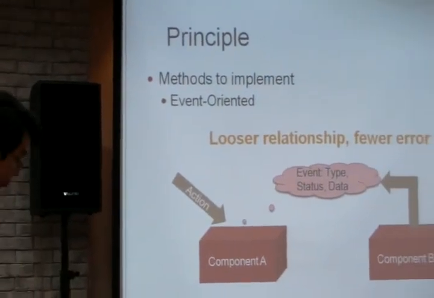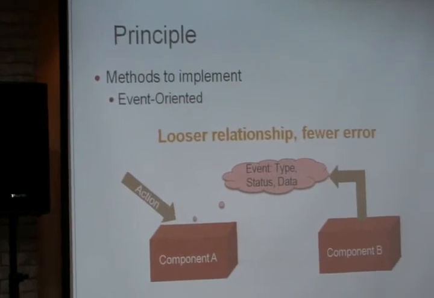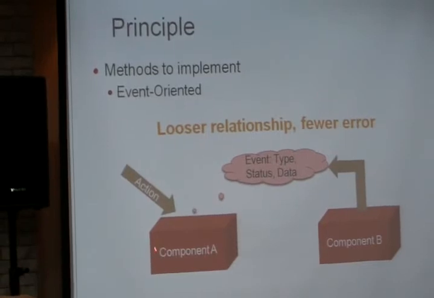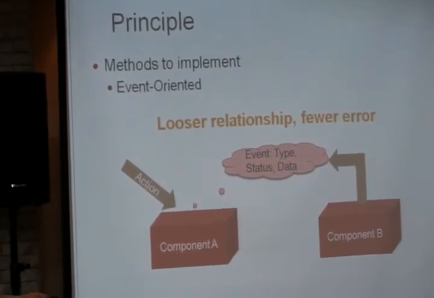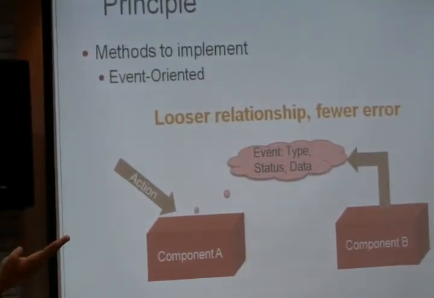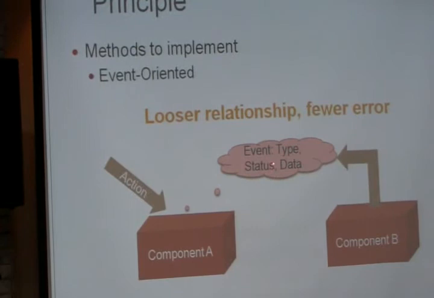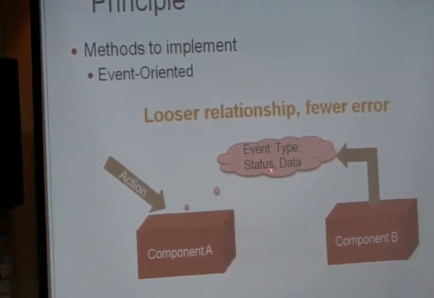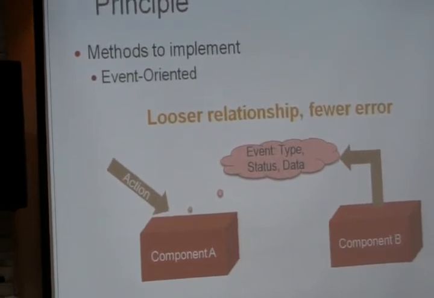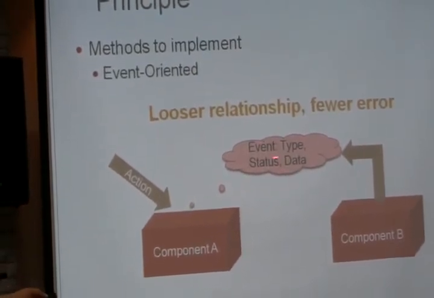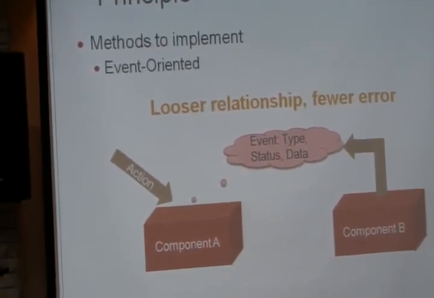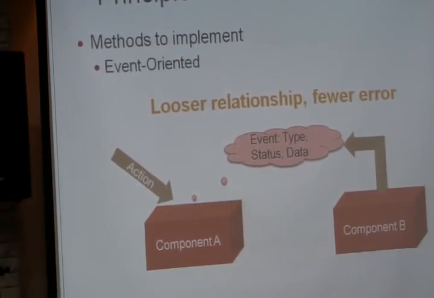So when we take an action on component A, component A will dispatch an event, and component A just transfers what kind of event, what the status of the event is, and what the data of the event is. So component B just receives that event, and uses the data or status to handle the business logic.